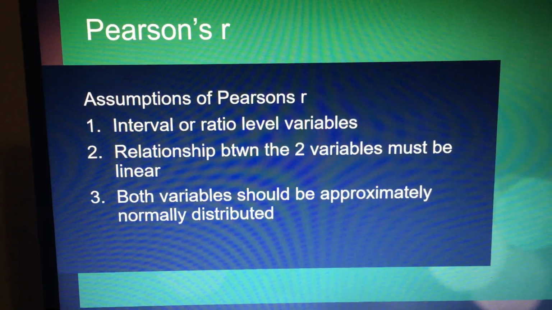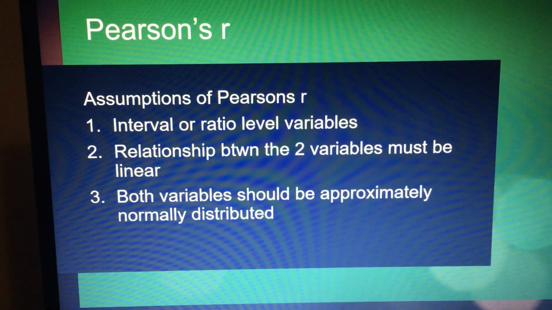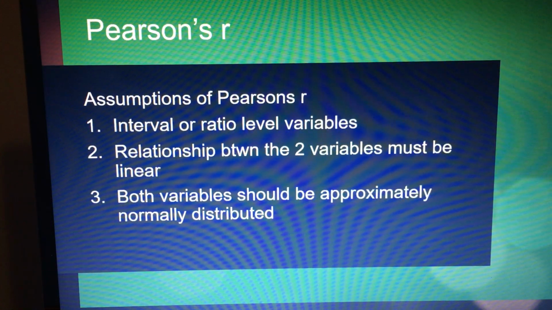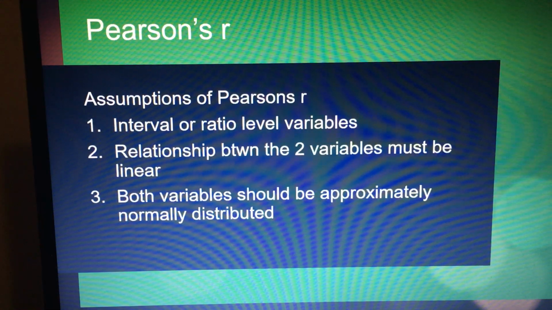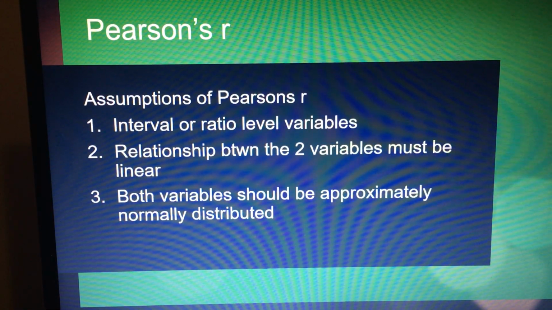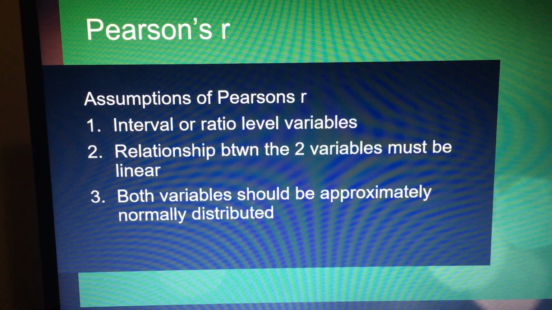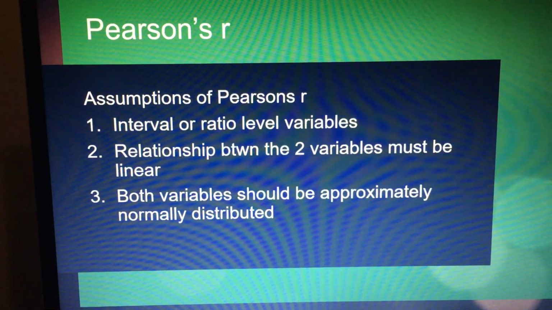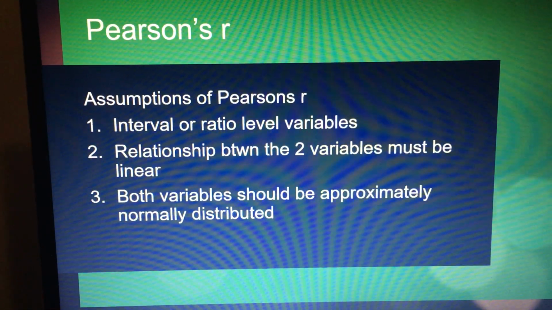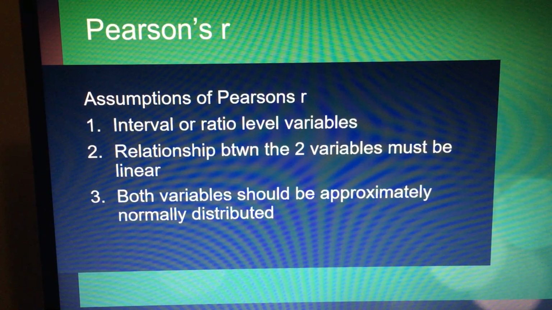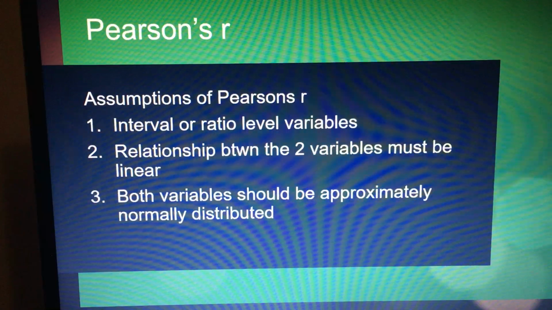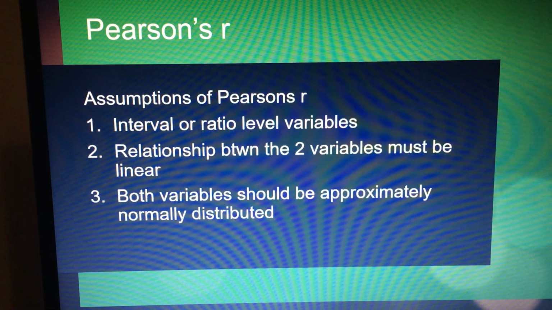Pearson's r can be greatly affected by outliers, so that's important to know. Again, outliers are the unusual data points that are much higher or much lower than the rest of your data. These outliers can make the correlation coefficient really misleading. To find outliers, you can use a histogram and the scatter plot.